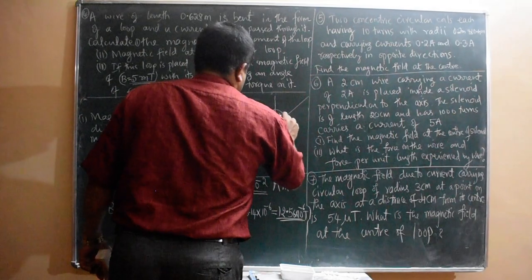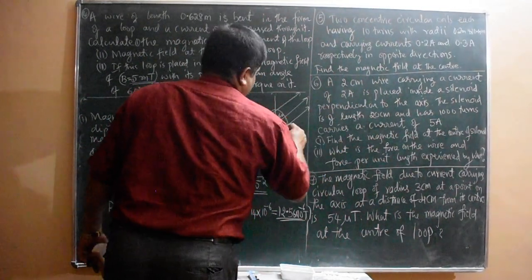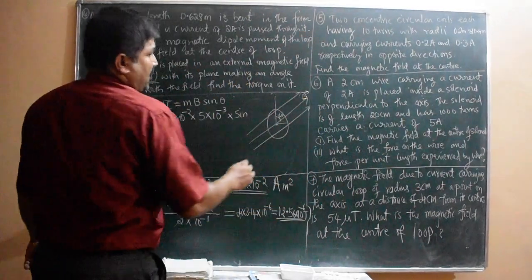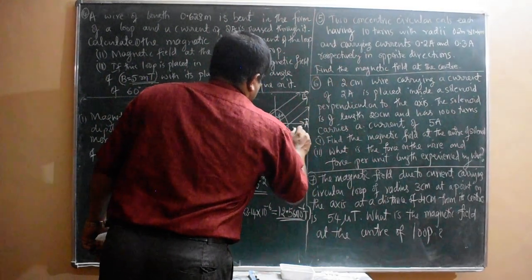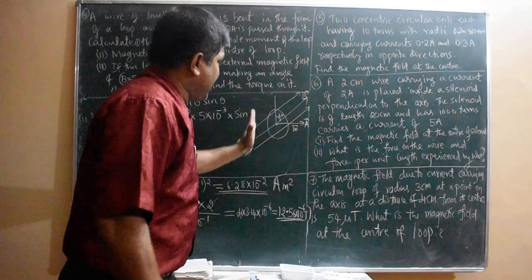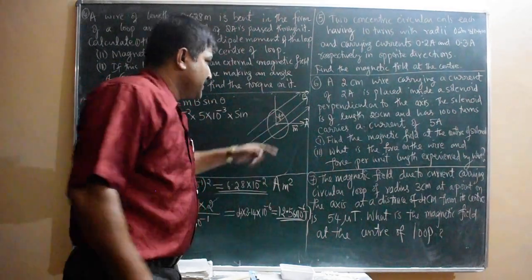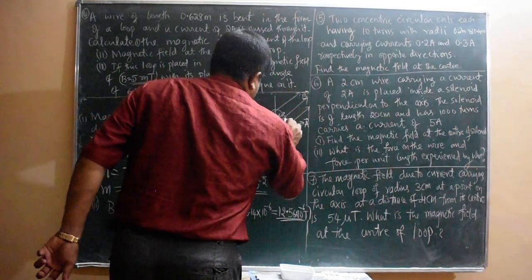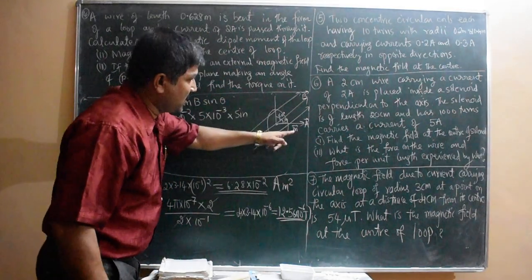This is the direction of the externally applied field, B vector. And the angle between the plane of the coil and the external field is 60 degree. Now what about theta? Theta means actually the angle between the area vector or dipole moment.